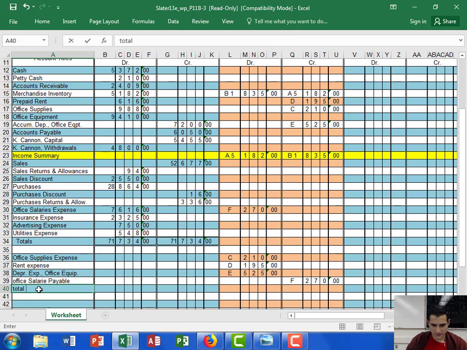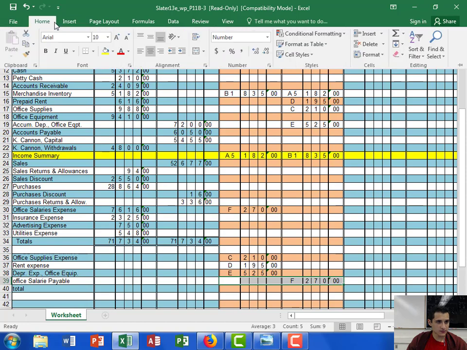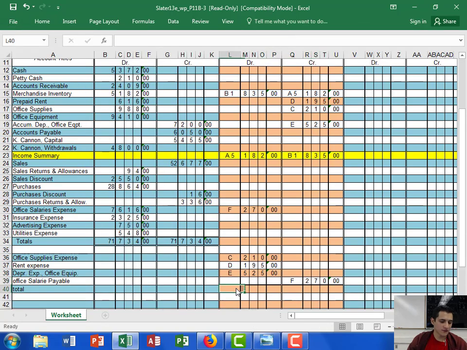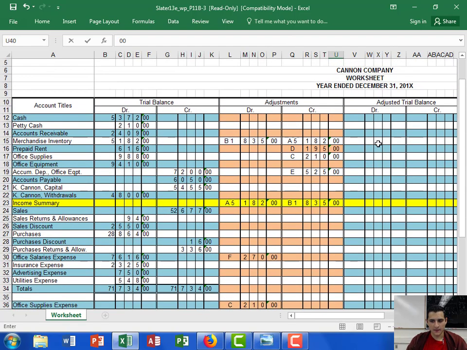Let me put total here first. You should come out with a total of $8,217 on both sides. Oops, excuse me, $217 for both sides.